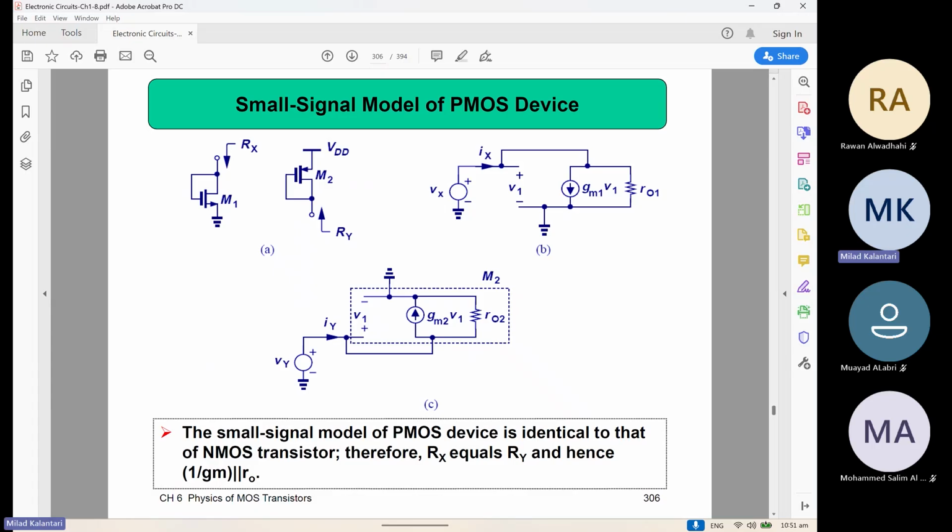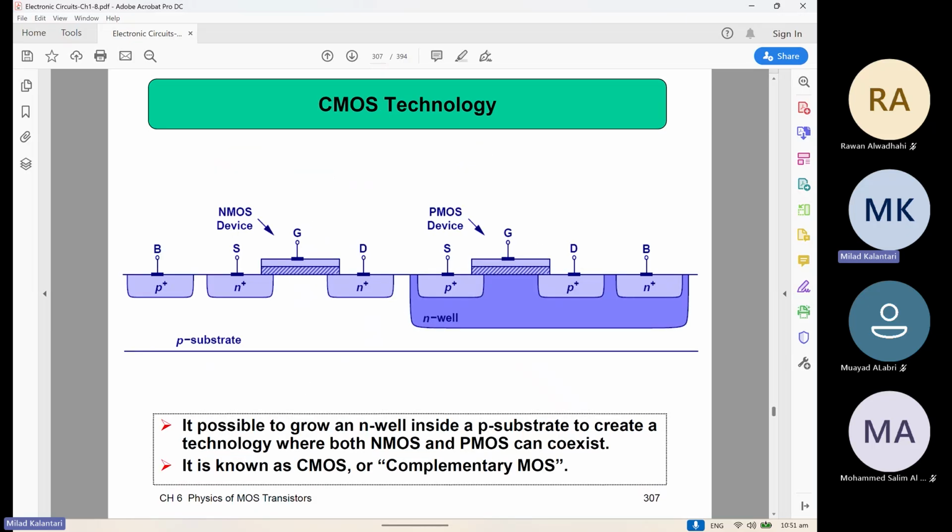So again, similar to BJT, where the PNP and NPN devices showed a perfectly similar small signal model. So here it's showing how people actually make the transistors in the CMOS technology. CMOS means complementary MOS technology.